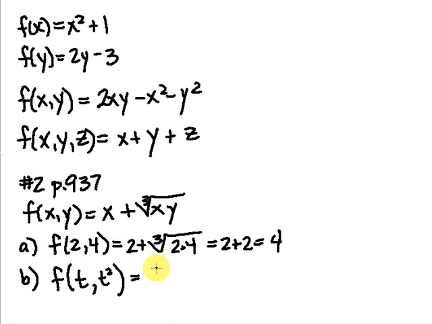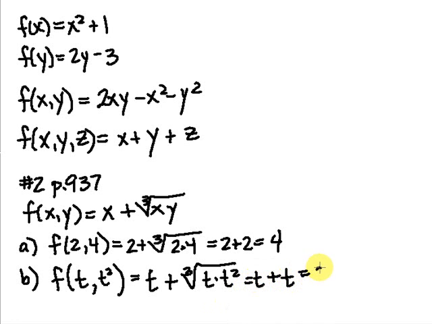So going back to our original formula, wherever we have an x, we're going to put in a t. Wherever we have a y, we're going to put in a t squared. So this is going to be equal to t plus the cubed root of t times t squared. Well, t times t squared is t cubed. The cubed root of t cubed is t. So this is equal to 2t.